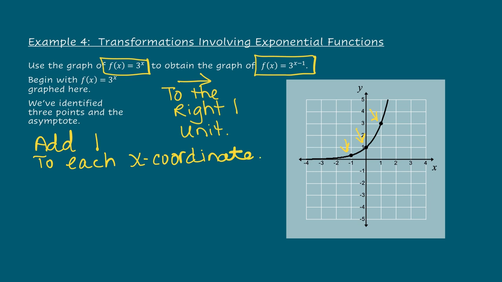So this one right here is the graph that we did earlier. The original points are (-1, 1/3), the middle one we know is (0, 1), and this one is (1, 3).